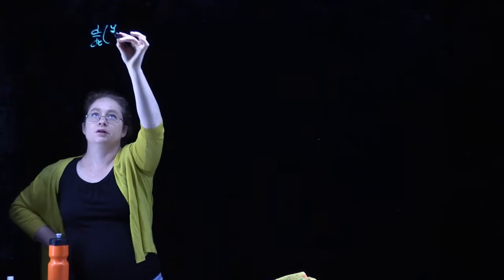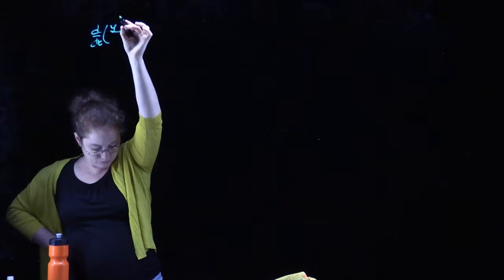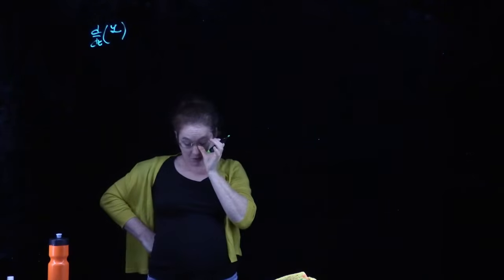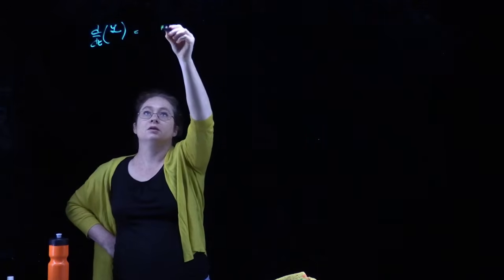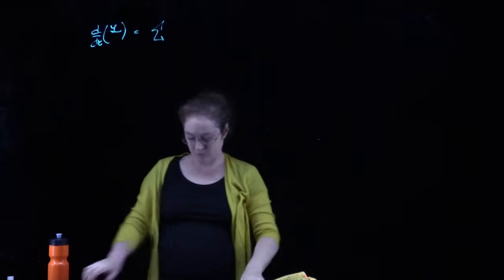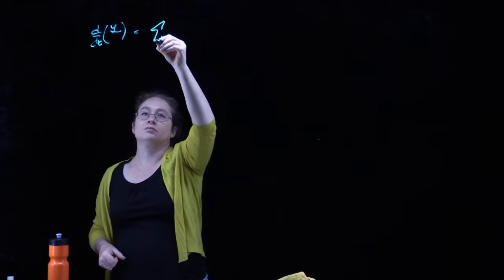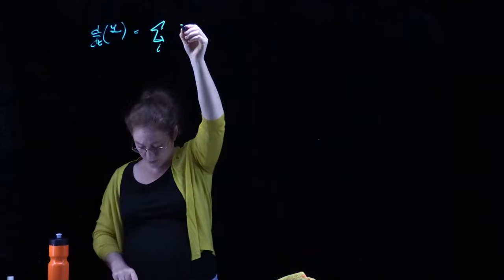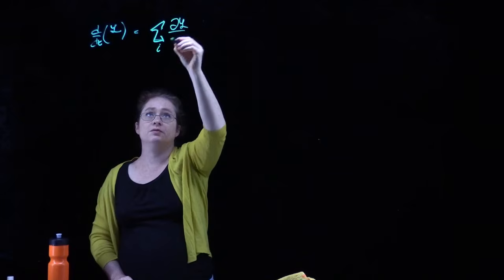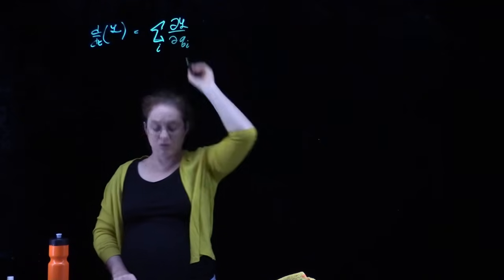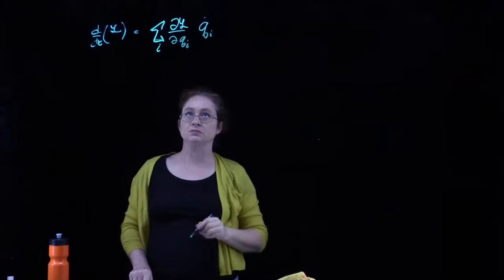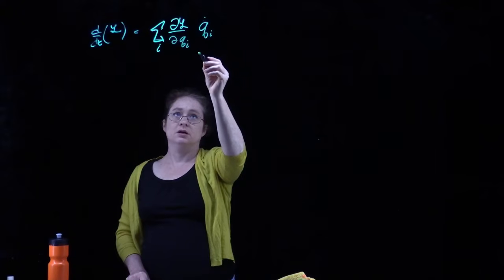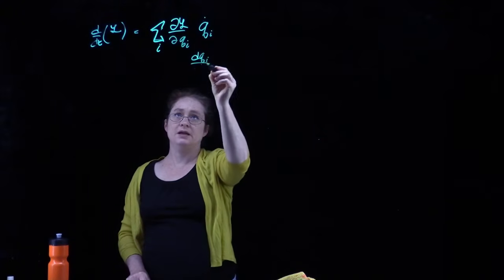So d dt of the Lagrangian is going to be the sum over all of the generalized variables of the derivative of the Lagrangian with respect to the qi times dqi dt.